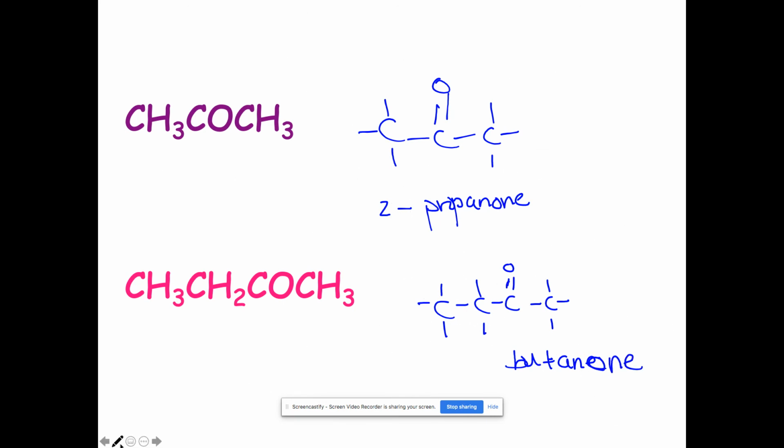All right, last thing we got to do is give location. 1, 2, 3, 4. It would be 3-butanone. If I number it this way, 1, 2, 3, 4. Oh, it would be 2-butanone. So it's got to be 2-butanone. Remember, you always number your carbons so that they're the lowest number possible. So you can go right to left because things rotate around.